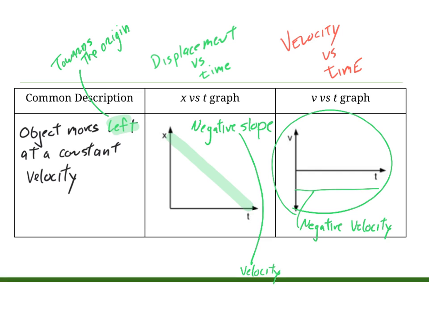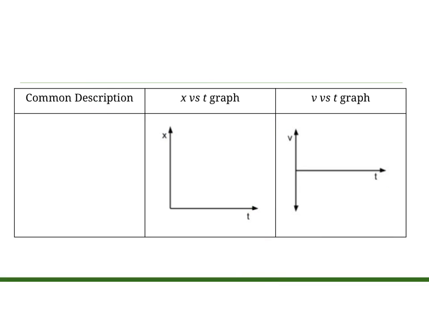This line right here is indicating a negative velocity because of the negative slope from the displacement versus time graph that we started with before. And remember, displacement can also be known as distance. Okay, so that's the first one. That one was kind of easy. Our second example would be if an object stands still.